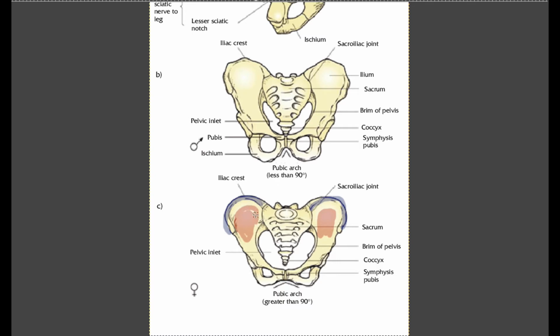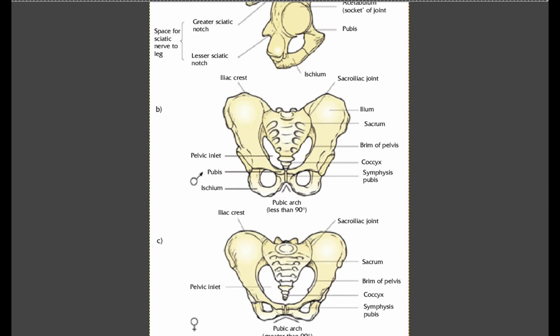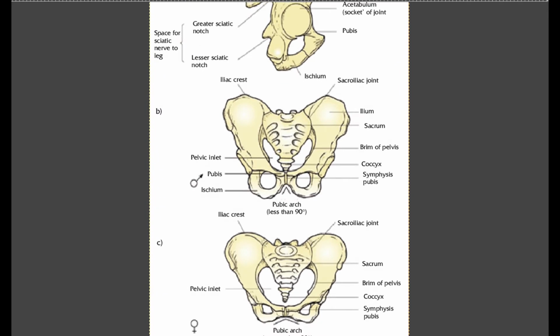Now let's look at the posterior part of the ilium. Well, actually, excuse me, I'm sorry, we're not done with the anterior part of the ilium. Coming off of the iliac crest here is this big bump, this little projection. Right here we have what we call the ASIS, which stands for the anterior superior iliac spine.